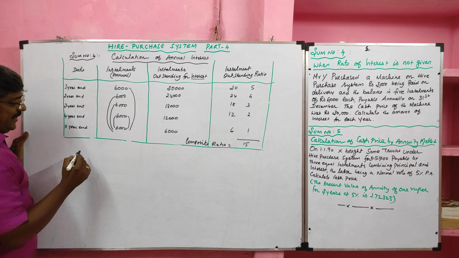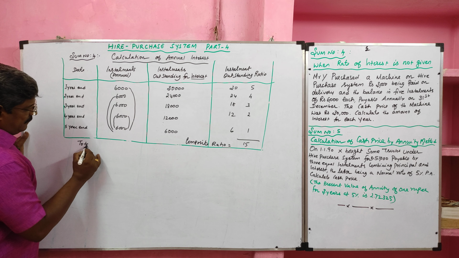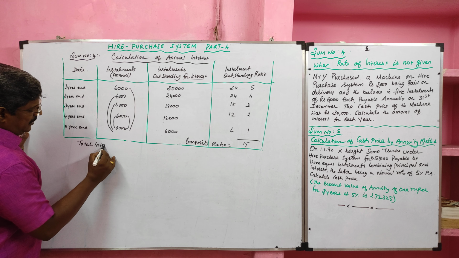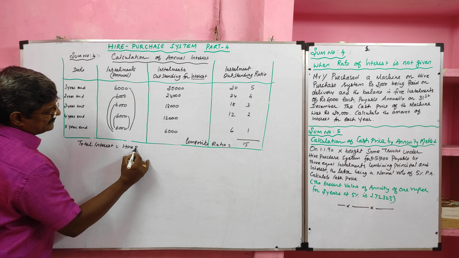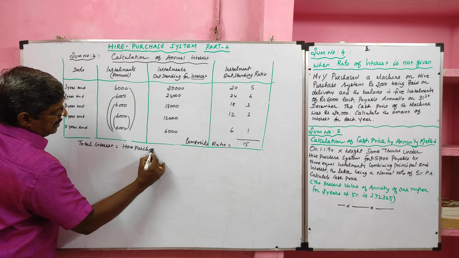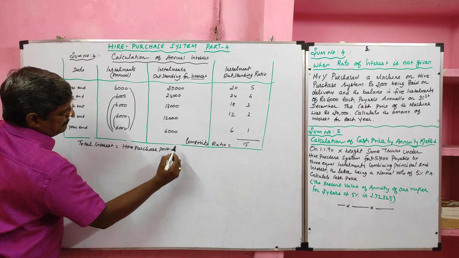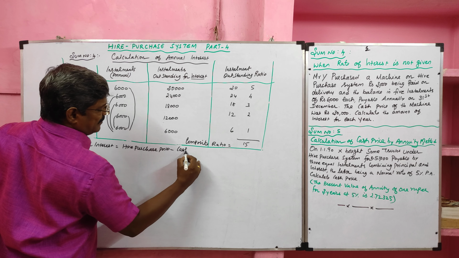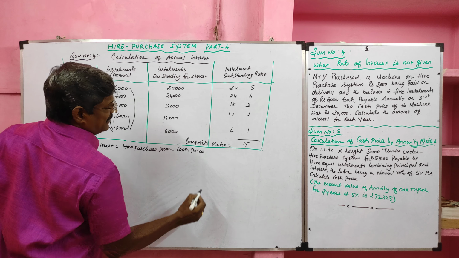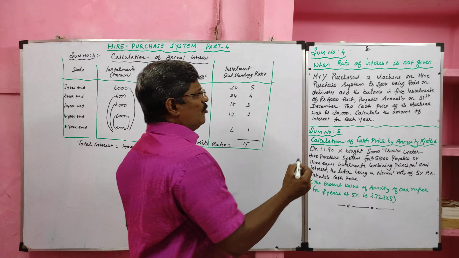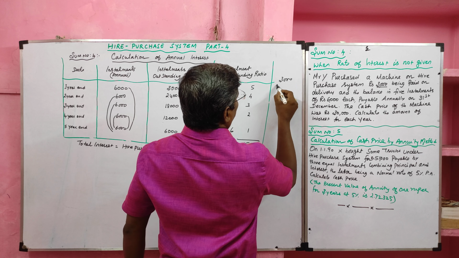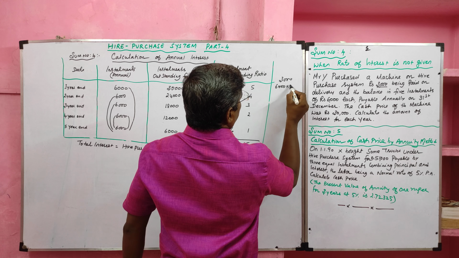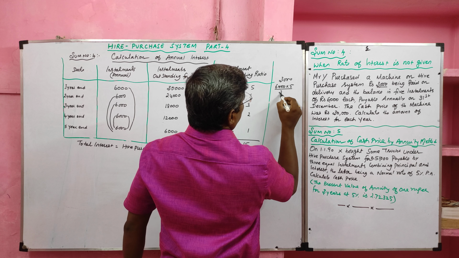Students, now we calculated composite ratio. Now we are going to find the total interest. The formula: hire purchase price minus cash price. Hire purchase price is how much? Down payment 3000, then we paid 6,000 in 5 installments, which is 30,000.